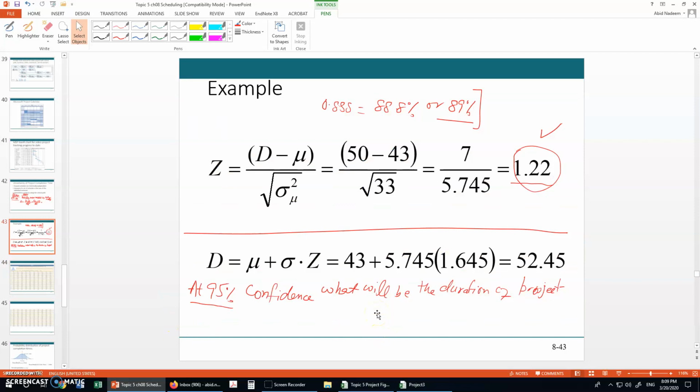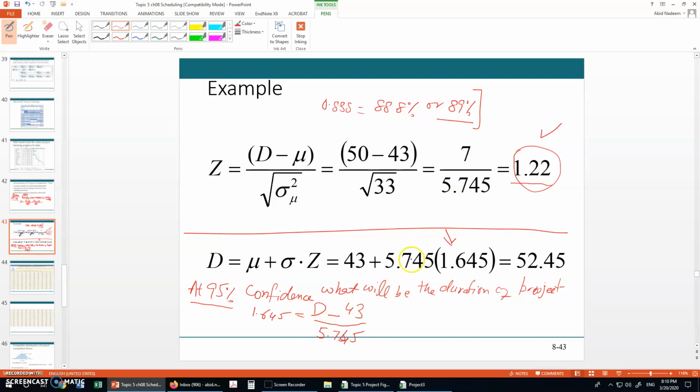So the value of z in this case will be equal to 1.645. Then if you use this equation, 1.645 is the value of z, D we need to find, mu is the same 43, divided by the same value 5.745.